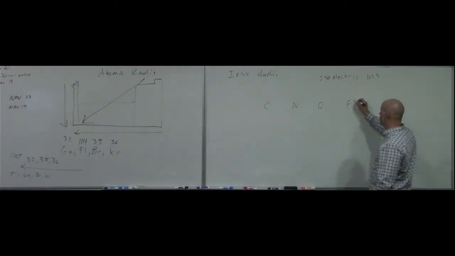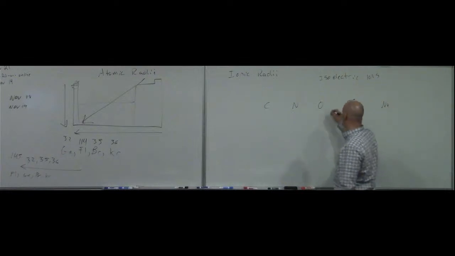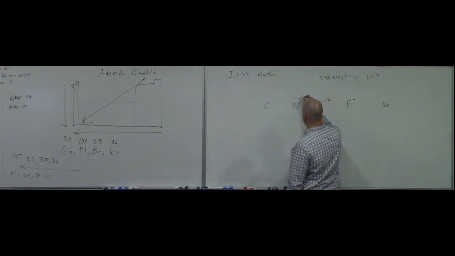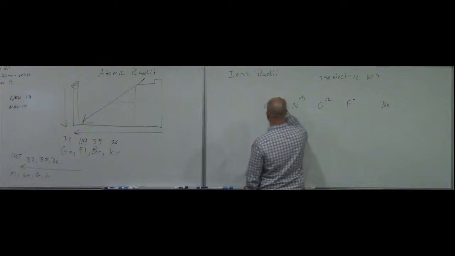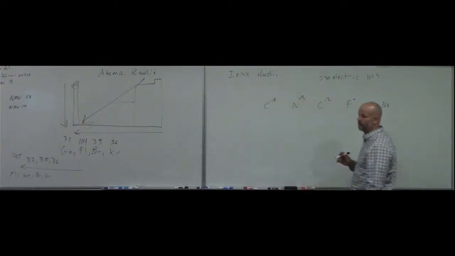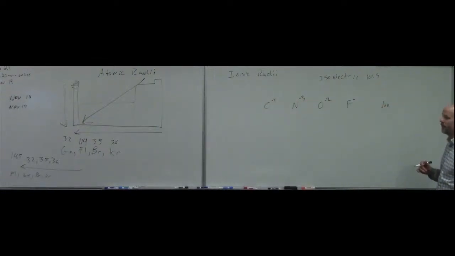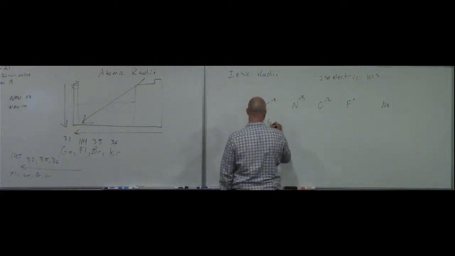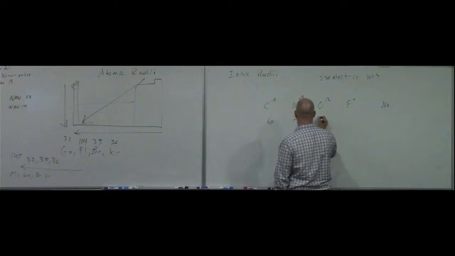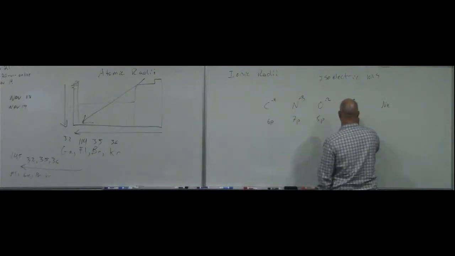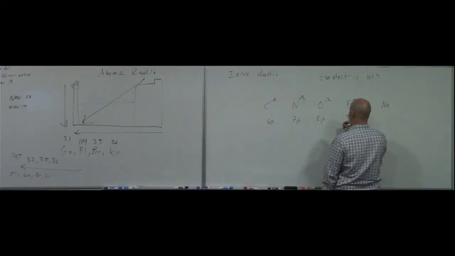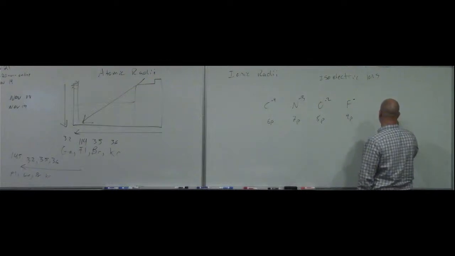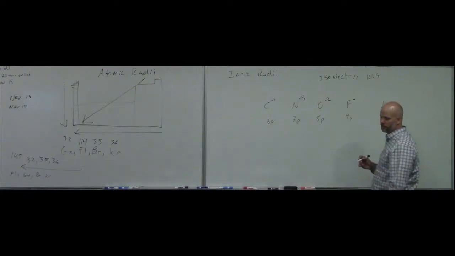That means this is going to be fluorine -1 charge, oxygen -2 charge, nitrogen -3 charge, carbon -4 charge, right? Now this one has 6 protons, this one has 7 protons, this one has 8 protons, this one has 9 protons, and this one has 10 protons.